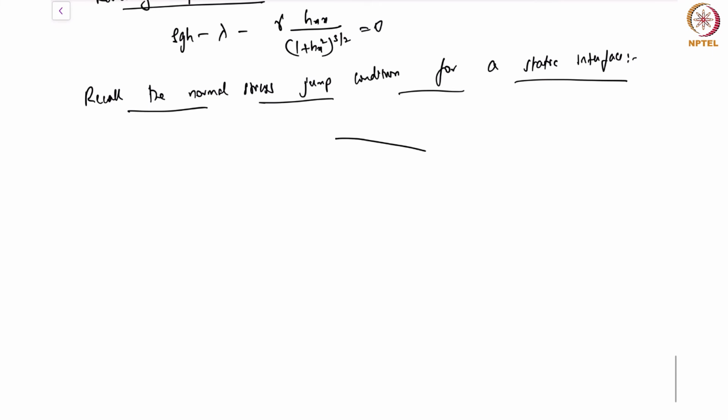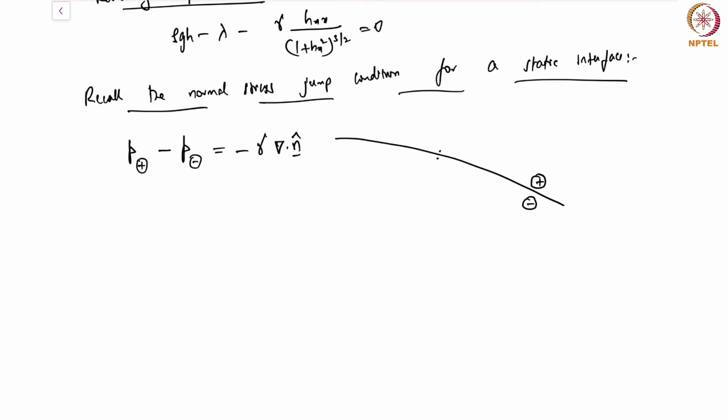If we consider an arbitrary interface like this, where we call the lower side minus and the upper side plus, then the condition was that the pressure on the upper side minus the pressure on the lower side at the interface, meaning I'm just considering 2 points across the interface, would be minus gamma times del dot n, where n is the normal vector, right?